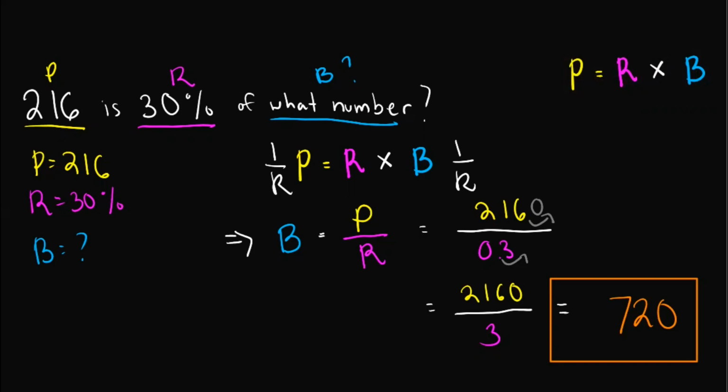And also, another thing to remember is determining what is P, R, and B. Again, the key is for R, if it has a percent symbol, that usually refers to the R. And if there is the word "of" before that number, that is usually the base. And so take note of these.